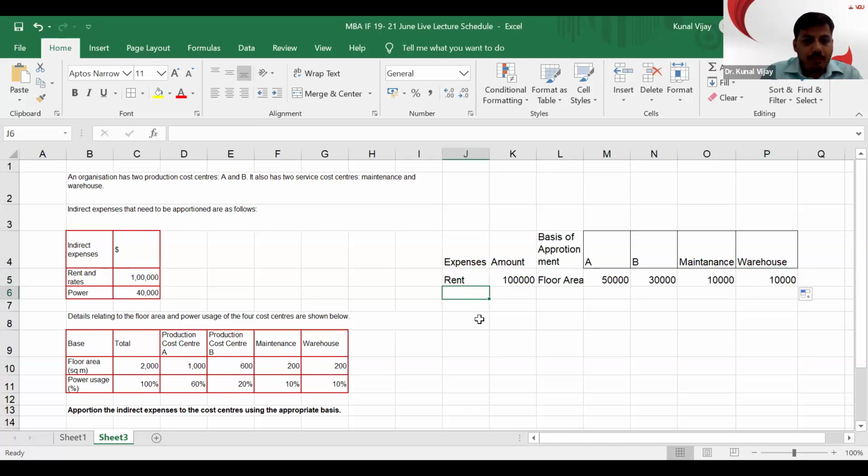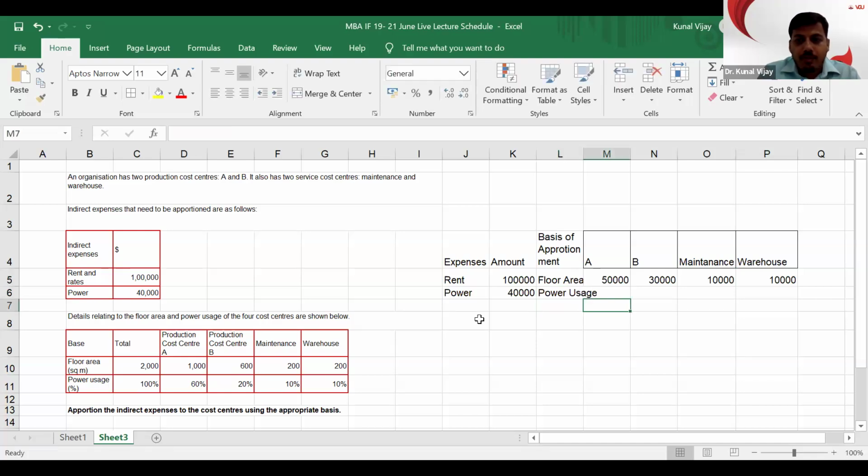The same thing I will do with power. The total amount is given as 40,000. Basis of apportionment will be power uses.